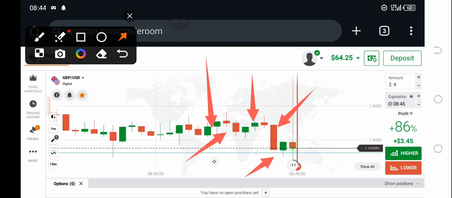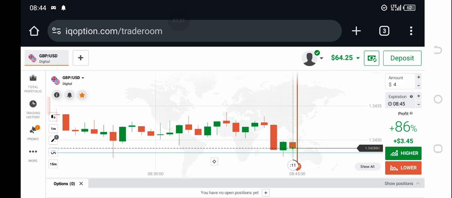I also took this trade here because of this level here. It's a strong level, strong rejection, and then buyers entered. That means the buyers started entering from the wick.